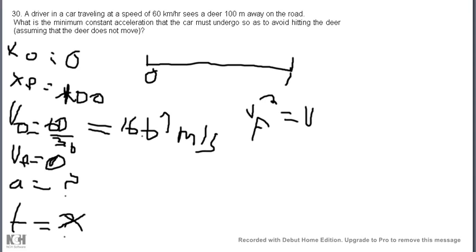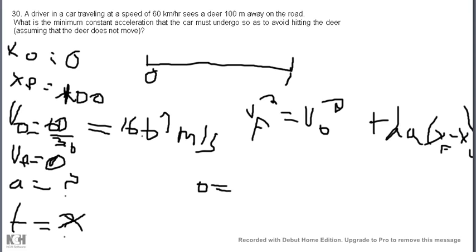V naught squared plus 2A, this is going to be squeeze, X final minus what? X naught. Bad handwriting, but you got the picture. That's X naught. What's my final velocity? 0 equals, what's my initial velocity? 16.67 squared plus 2A.